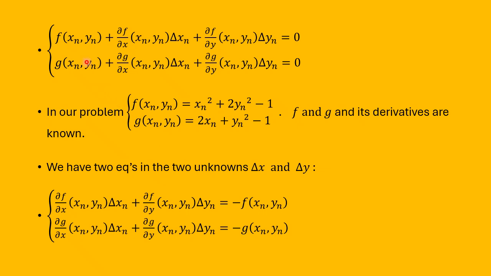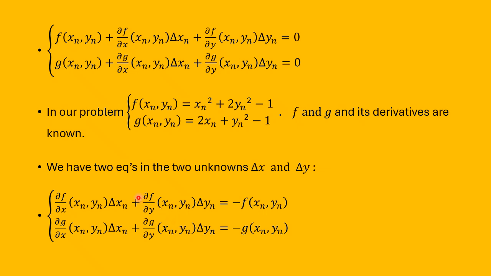We know what f is, and by differentiating, we can find this partial derivative and this one. And for g, we know the function, we can differentiate it to get this and this. So the only unknown things here are the delta x and delta y.